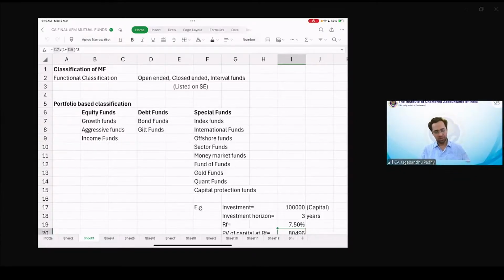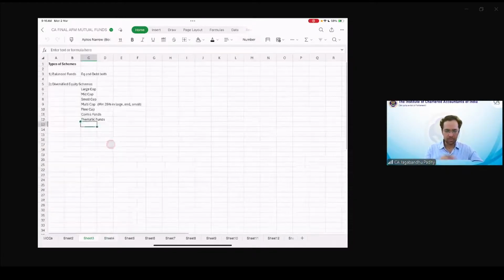I mean, once the money is raised, the mutual fund will not have any option of raising additional money or additional units. Due to this feature, it's going to be listed on a stock exchange. There are other funds also based on the area of investment, based on your investment style, based on the type of securities that you're picking up, right? So those are your portfolio-based classification of mutual funds.